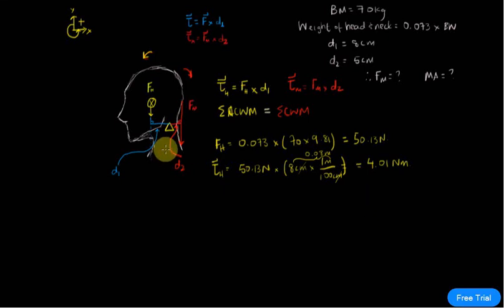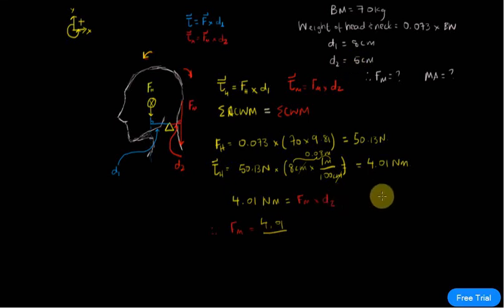Okay, Fm is what I'm trying to solve, and we said that the sum of anticlockwise moments must equal the sum of all the clockwise moments. So I've got 4.01 newton meters must equal Fm multiplied by d2. If I make Fm the subject of the formula, Fm is equal to 4.01 divided by d2, which we've already got over here, is 5 centimeters.